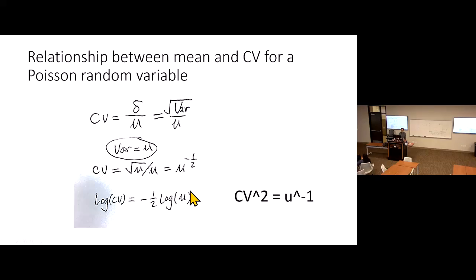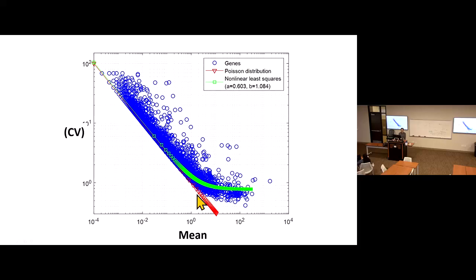So the theory we mentioned, this should be a straight line if you have a Poisson distribution. But we fit it with a nonlinear regression using least squares. So this green line gives you the prediction. If you have this level of average, you should have this level of CV. The mean and the CV should be predictable.